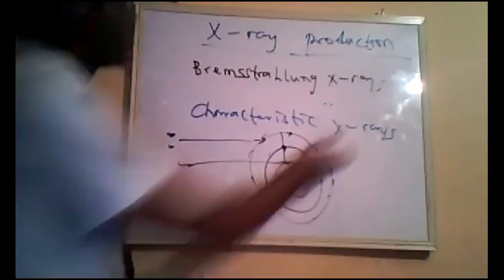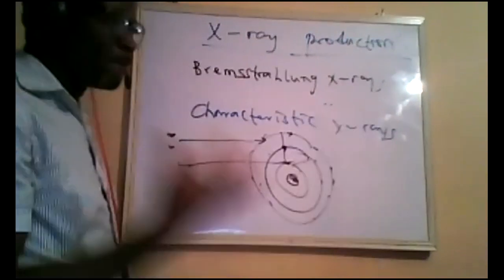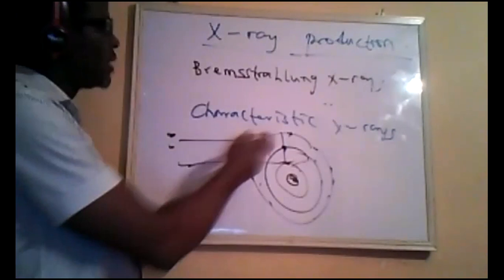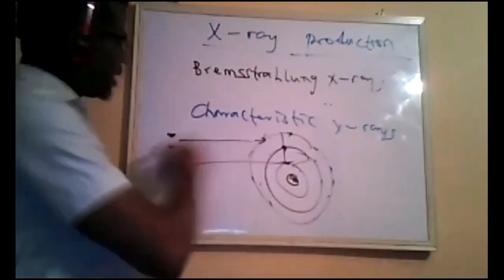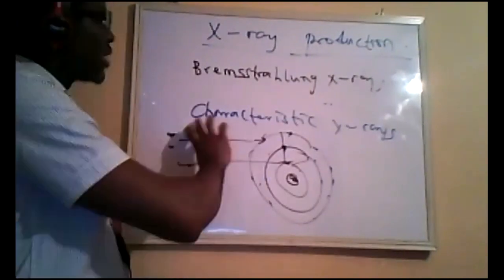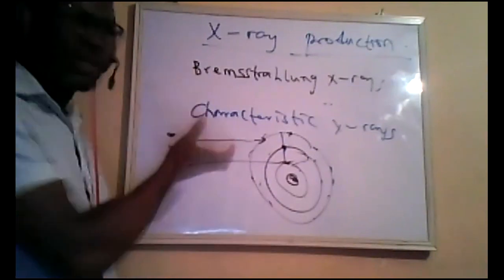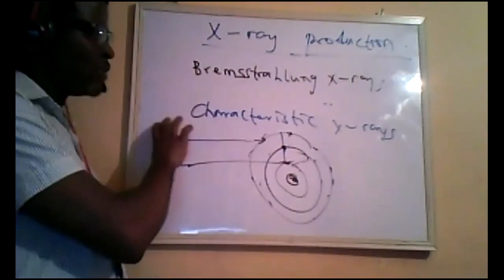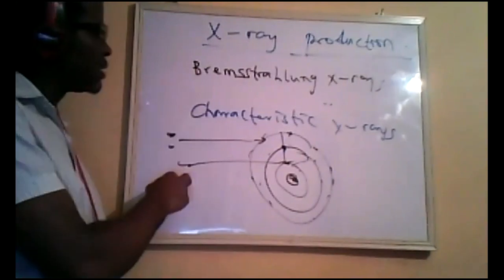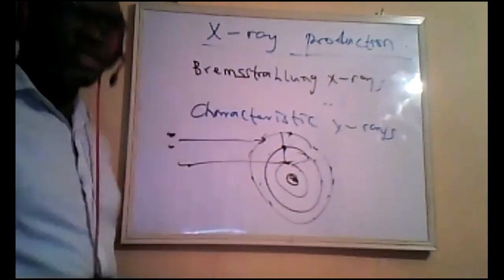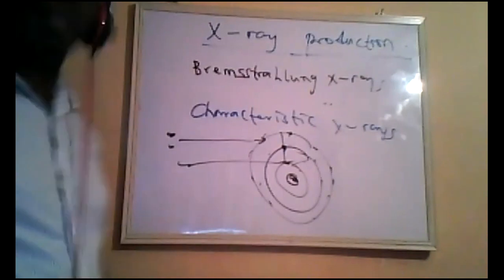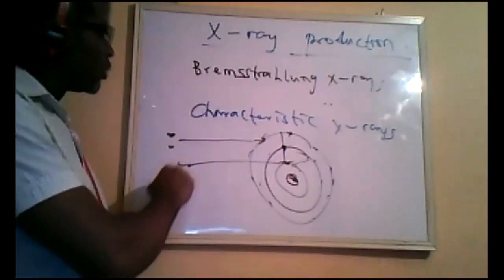I said the characteristic X-ray has got to do with electrons interacting with the fired electron, because X-ray production has got to do with, I'm going to go into that later. It's actually when you heat up a filament. When you heat up the filament with electrical energy, something will become hot.